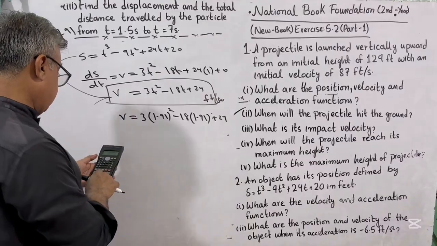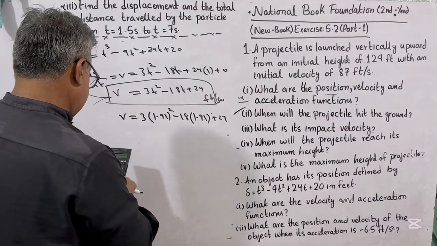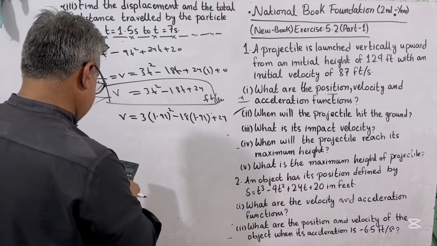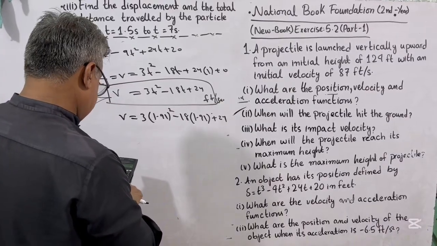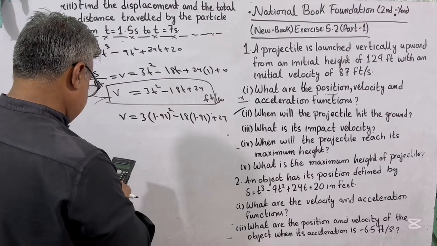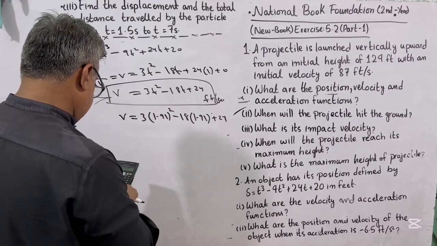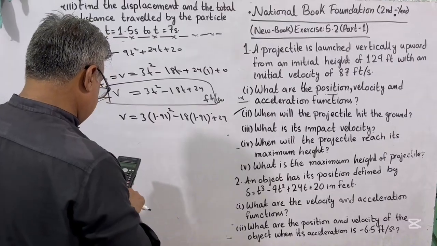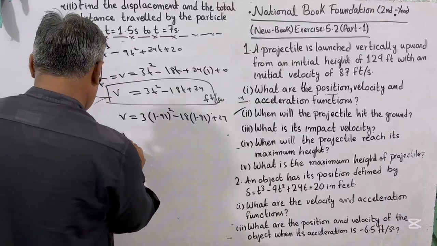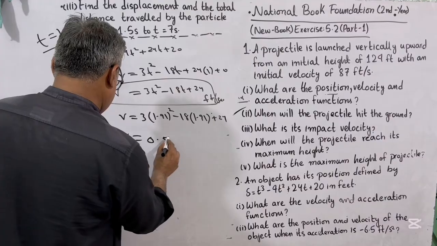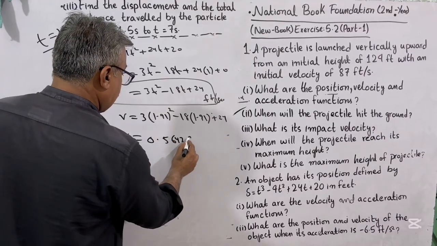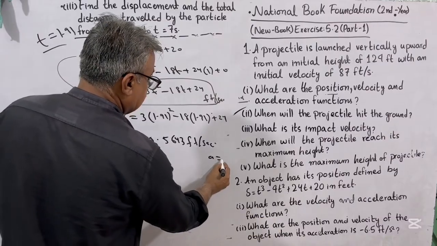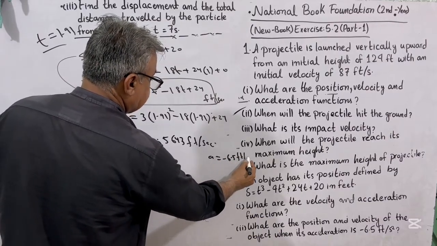Calculator comes into play. 3 times 1.91 square, minus 18 times 1.91, plus 24. Our velocity is going to be 0.5643 feet per second when our acceleration is negative 6.5 feet per second square.